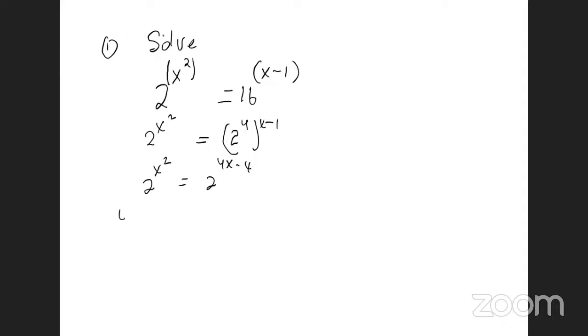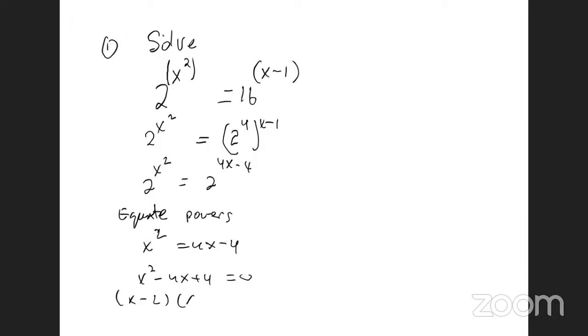And then we equate the powers, and we get x squared is equal to 4x minus 4. Then you'll get that little quadratic there. x minus 2. So the answer is x is 2. Okay, let's go again.